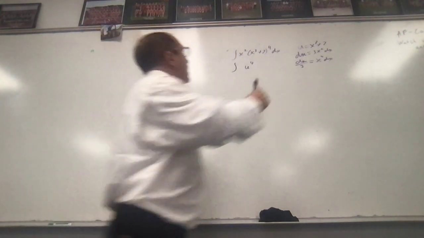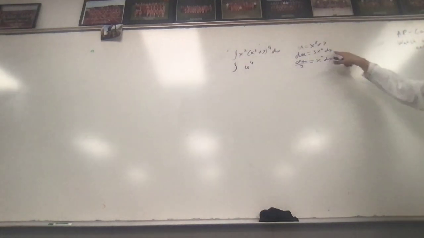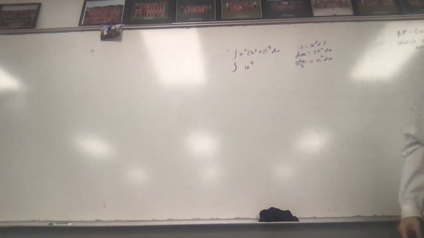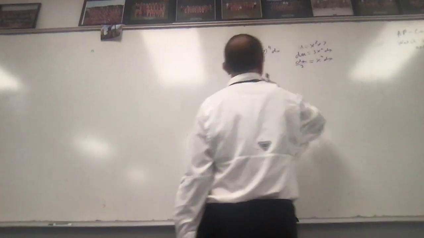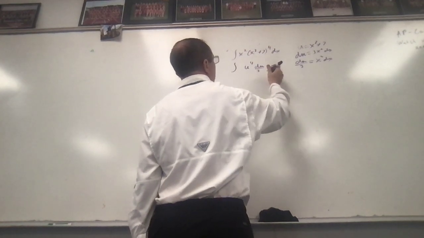You follow what I did there? Okay. I needed an x squared dx. I had a 3x squared dx. So to get this to become x squared dx, yes, I had to divide by 3. Are we okay here? All right. So now I'm going to say it's u to the fourth times du over 3.